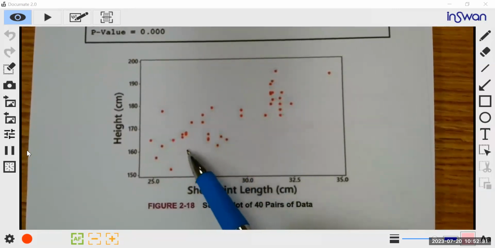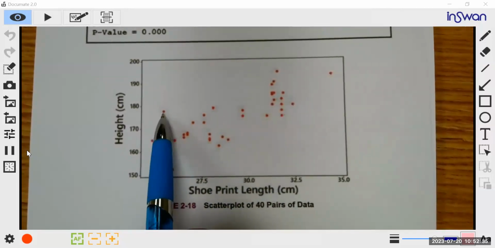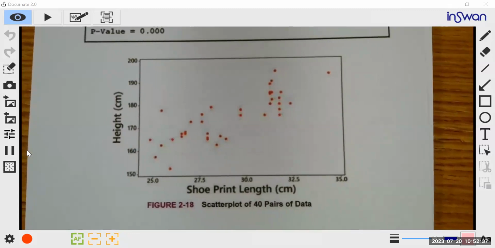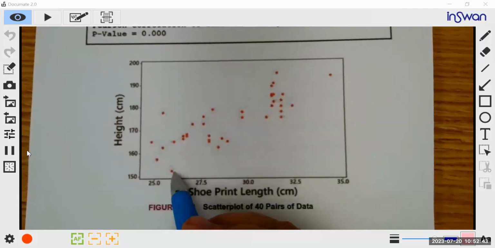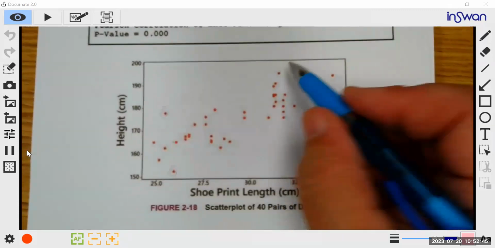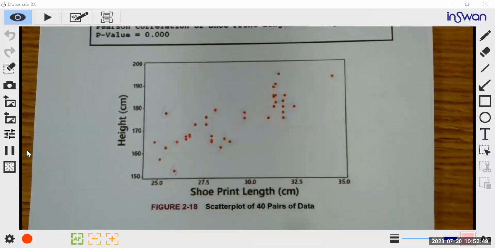This person who's pretty short has a pretty big foot, and this person who's tall has a pretty short one. But again, you would think twice about them; they could be outliers. But there is a correlation here.